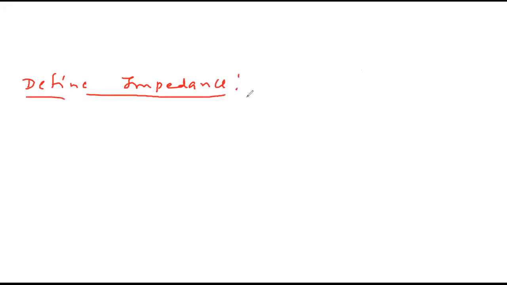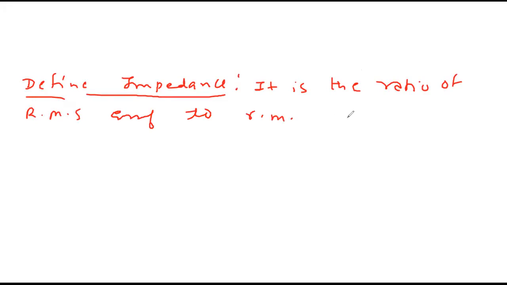Now, this was the derived expression for impedance. If they ask simply, define impedance, then see what to write. It is the ratio of RMS EMF to RMS current, E by I, across an AC circuit.